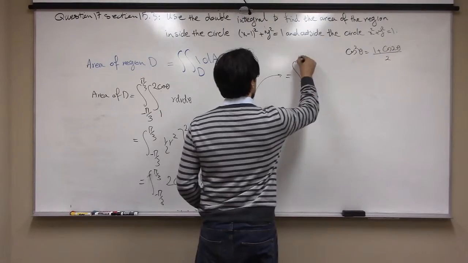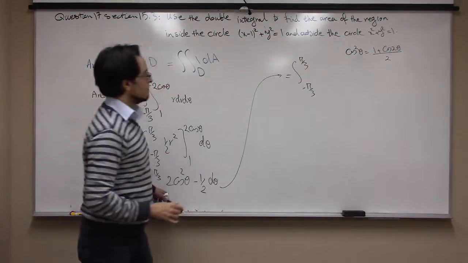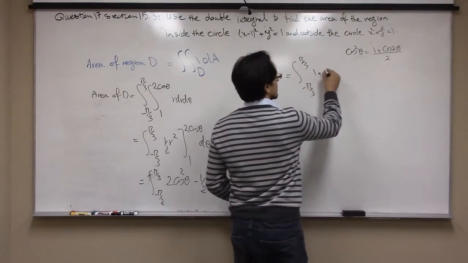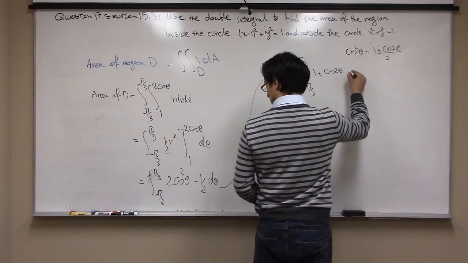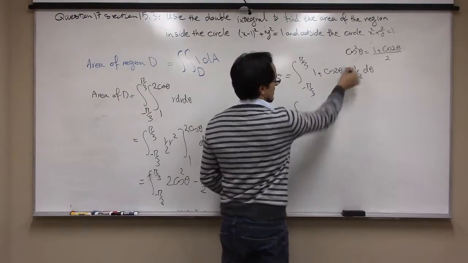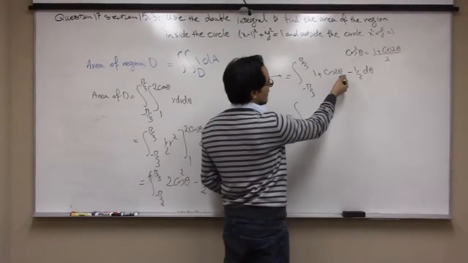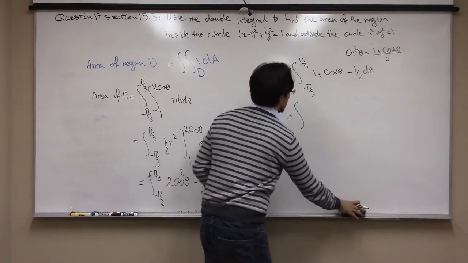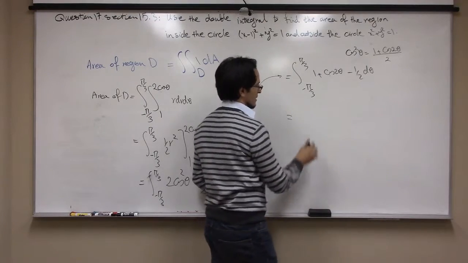Pi over 3, pi over 3. Multiply by 2, it is 1 plus cosine 2 theta minus half d theta. Okay, these two cancel. I have cosine 2 theta. What is the antiderivative of cosine 2 theta?